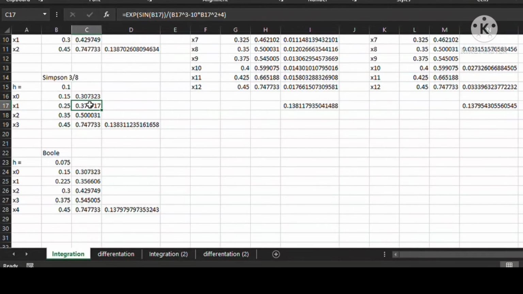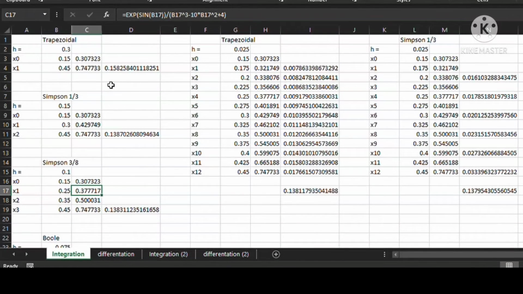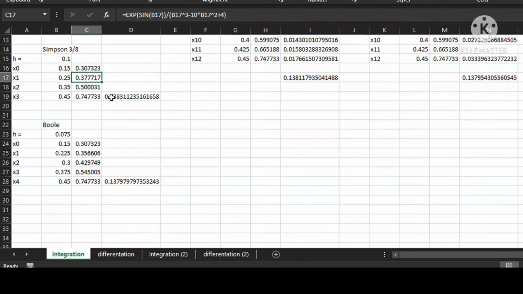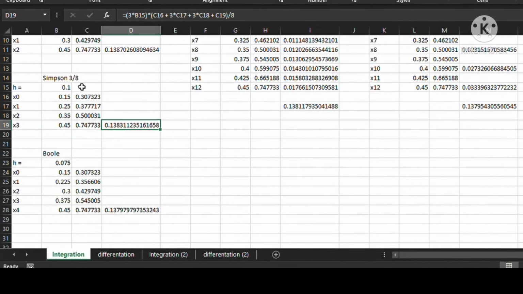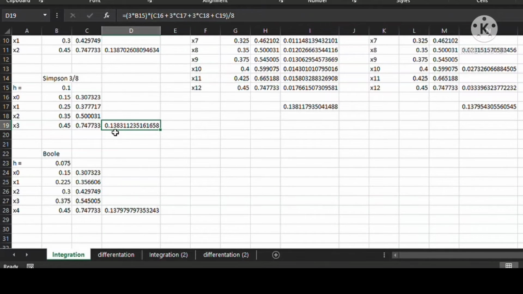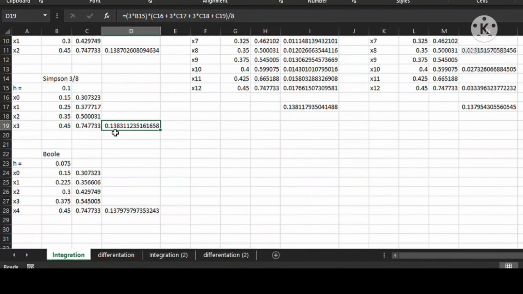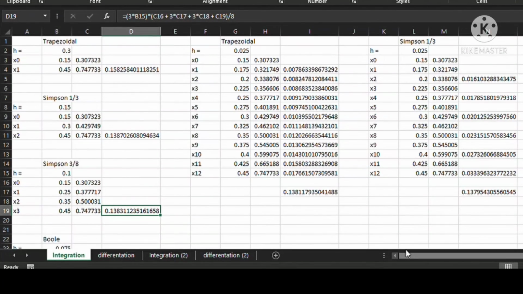Then for the Simpson 3/8 rule, we will get 0.138311 and so on. This is the standard formula.